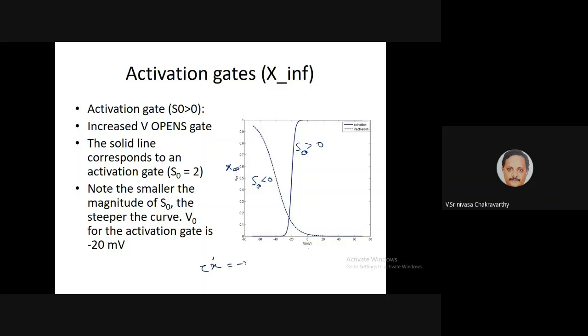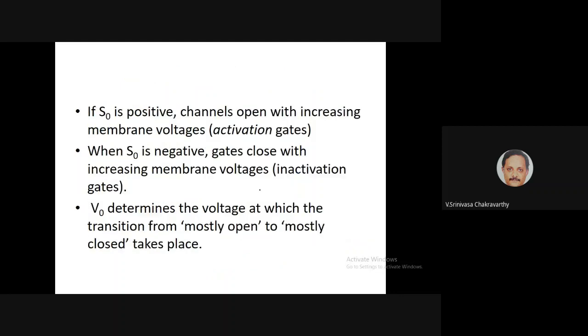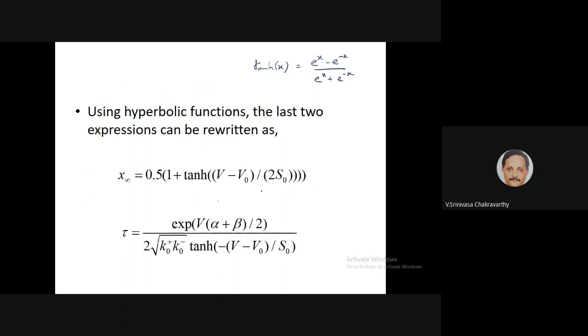What does this equation tell us? x follows x infinity with a delay of tau. That's what this equation is telling us, and that's what you see here. And in this equation, which is what we got when we solved it, it shows what will be x infinity for large voltage.